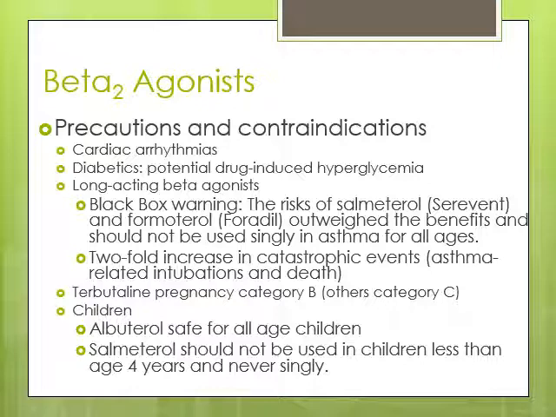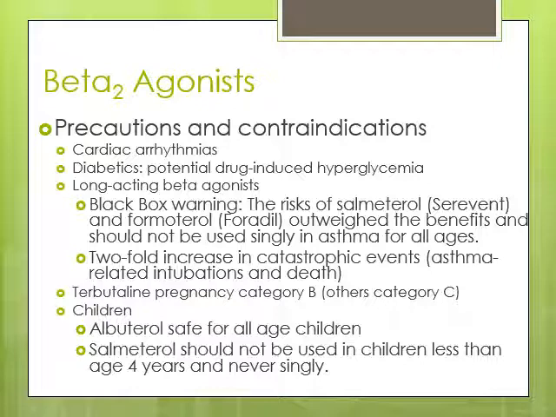Now, because of the agent's effects on the cardiovascular system, if you have a patient with hypertension, ischemic heart disease, coronary insufficiency, congestive heart failure, and a history of stroke or cardiac arrhythmias, you really have to watch these patients closely for adverse effects with administration of these bronchodilators.